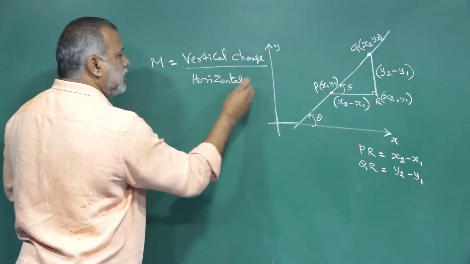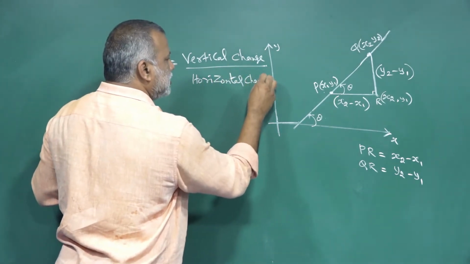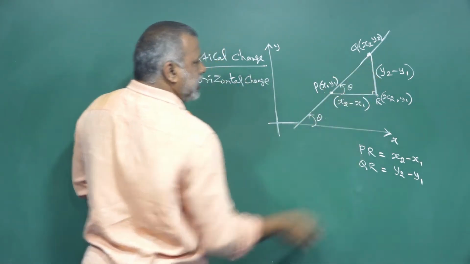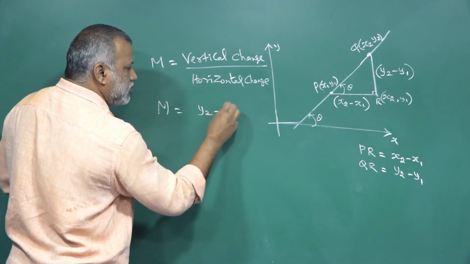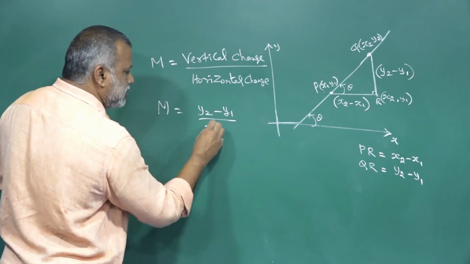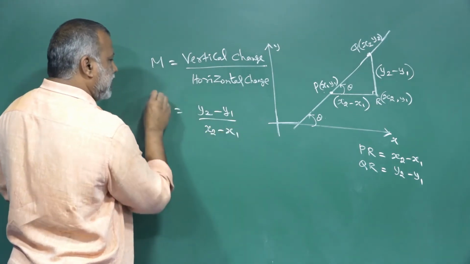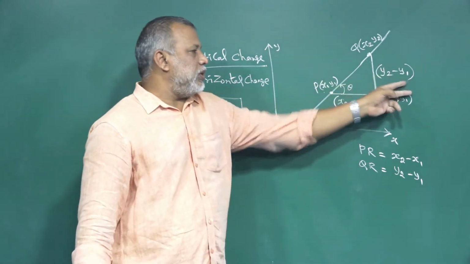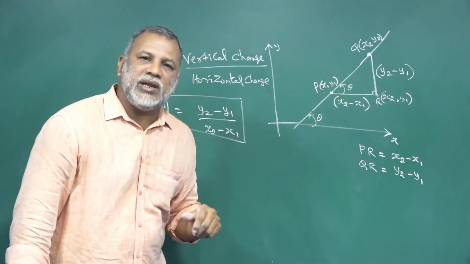From this diagram, this is called vertical change, therefore y2 minus y1, divided by x2 minus x1. So slope m equal to y2 minus y1 divided by x2 minus x1.